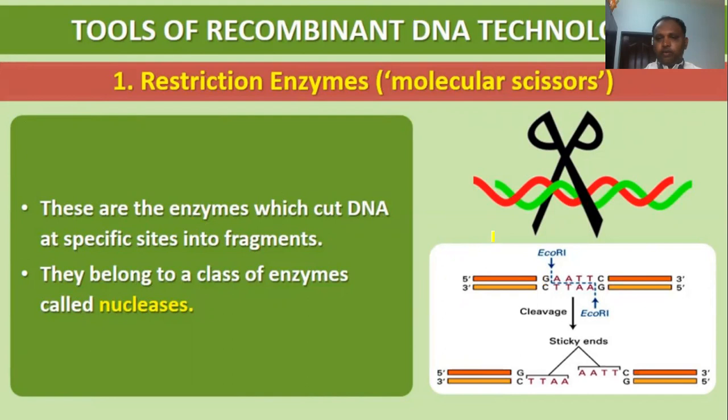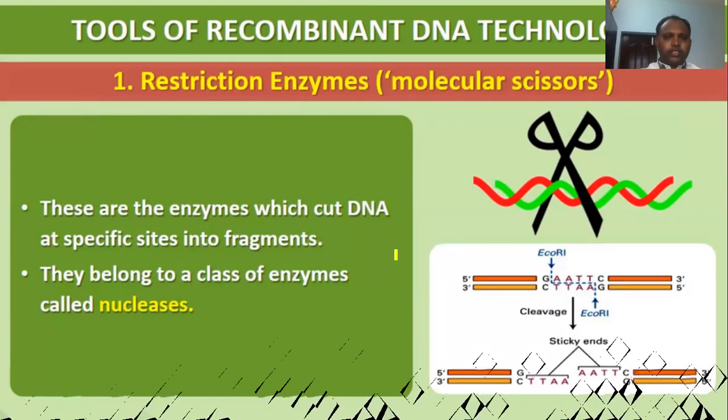See here one example given: the enzyme EcoRI, a restriction enzyme. You see this double-stranded DNA molecule. It makes a cut here and leaves two fragments like this. So this enzyme we call a restriction enzyme or restriction endonuclease.